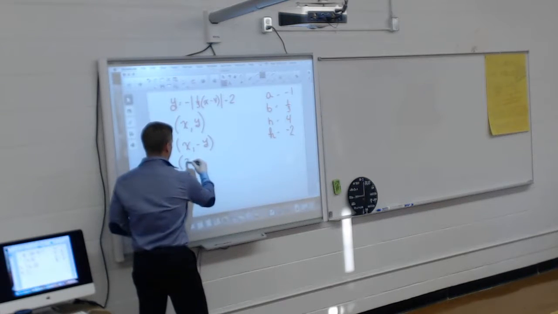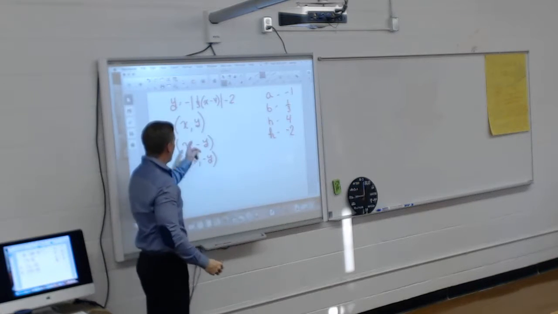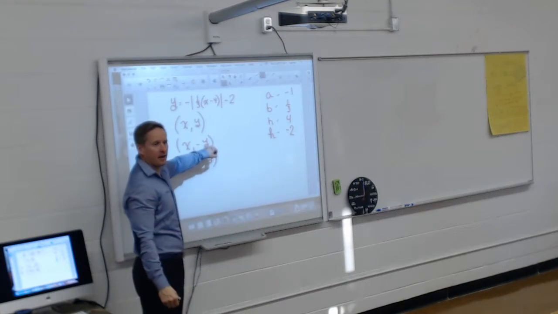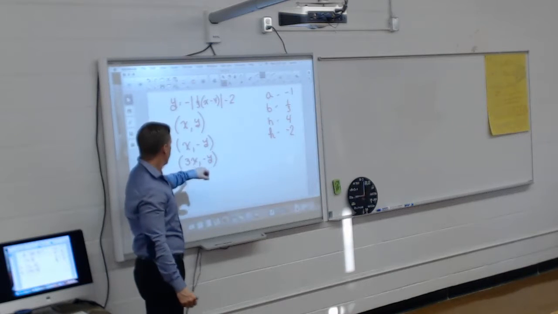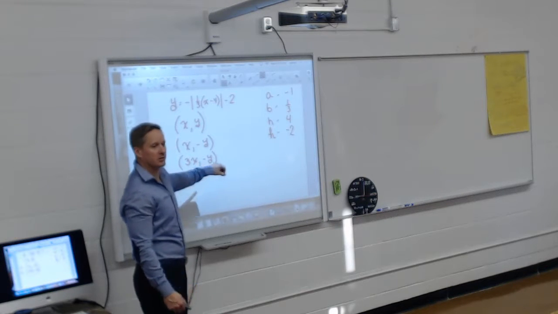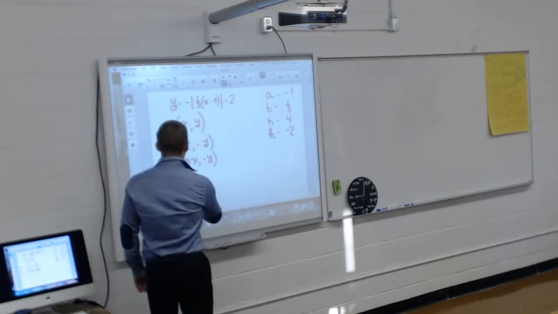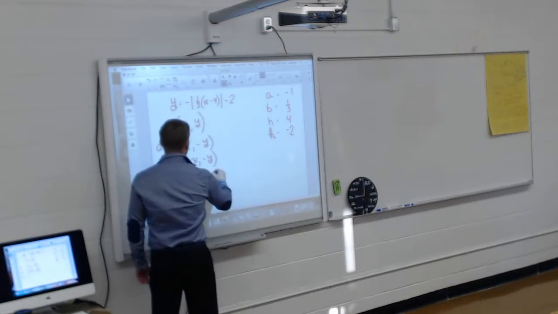Multiply by 3. So far, my x, y, because of A, I multiplied my y values. Because of B, I divided my x values, right? In this case, it's a third, so it's now times by 3, correct? Okay. What happens now with H?